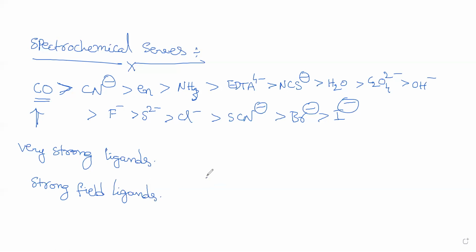What are strong field ligands? I'll tell you the basic idea. These 5 d orbitals are there, no? How much is delta naught? Delta naught is not a fixed value actually.